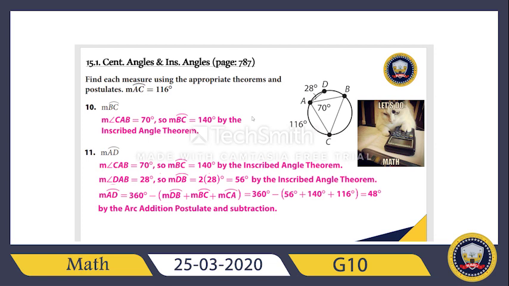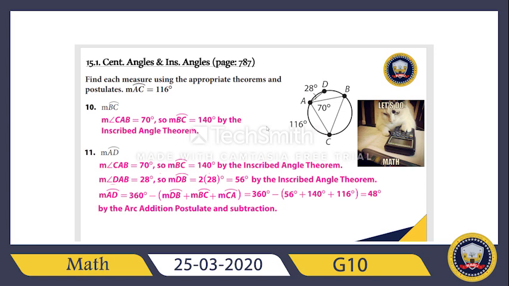Let's solve this example together. In this circle, I have the measure of the arc AC, that is 116 degrees. I have the measure of the angle DAB, which is 28 degrees. And I have the measure of the angle BAC, that is 70 degrees. I want to find the measure of the arc BC, which is this one here, and the arc AD, which is this small arc around here.